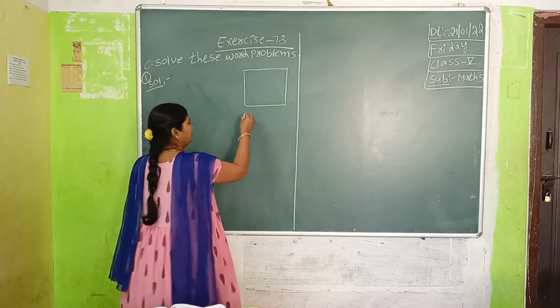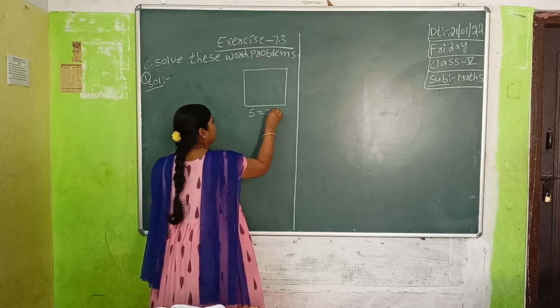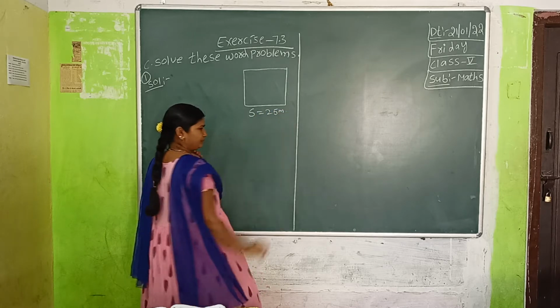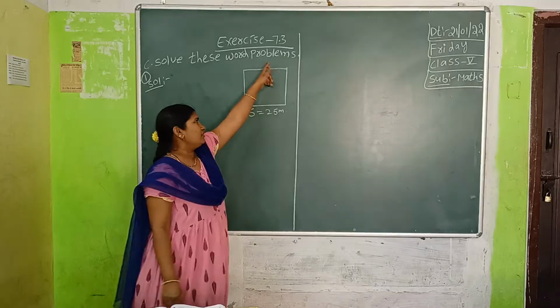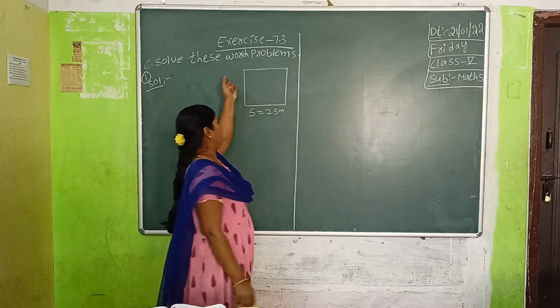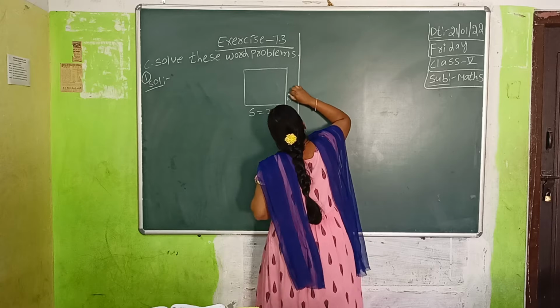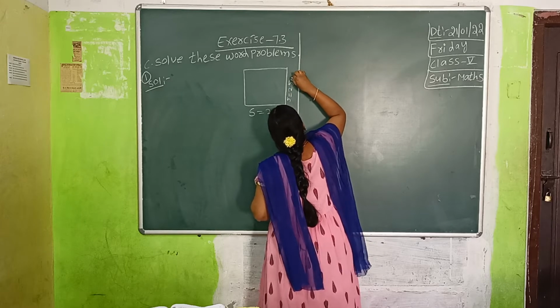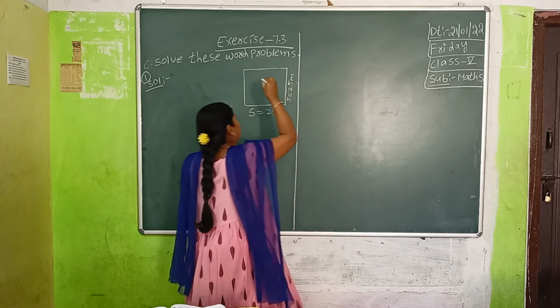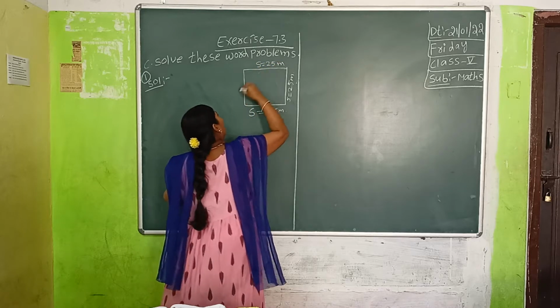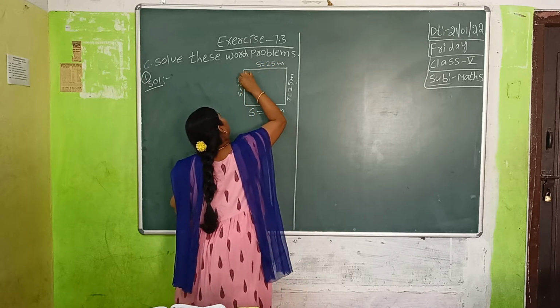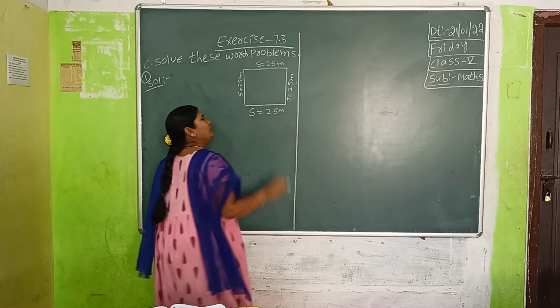That side we show with S, equal to 25 meters. They gave only one side, which means the other sides are also 25 meters. Why? Because I just told you, in a square all sides are equal. The remaining sides are also equal to 25 meters.